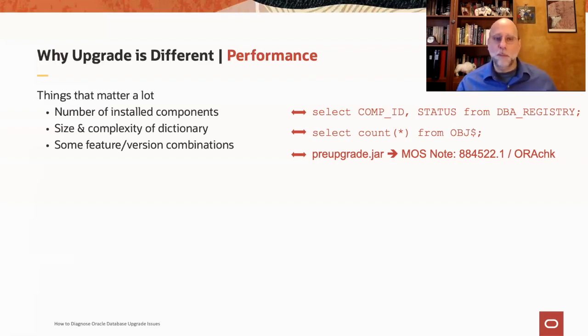And we make sure those are completely safe when we do things like repartition that auditing table. It's not going to affect your running system, but it also will not be something that happens during your upgrade downtime. So it keeps your downtime as short as possible. So those are the things that actually affect upgrade performance the most.